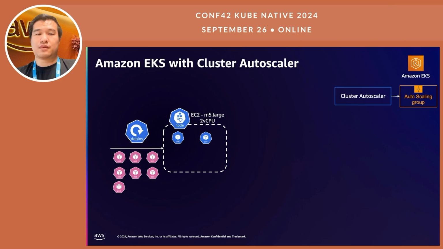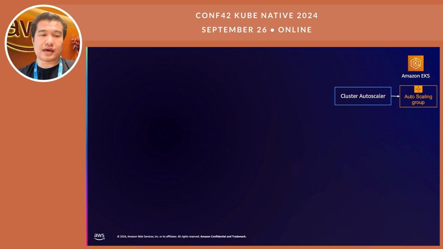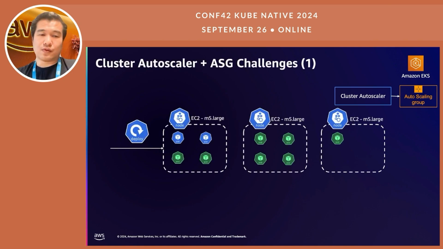Some of the pods will be scheduled on the existing node, and some of the pods will need additional capacity. So that's why we need Cluster Autoscaler, and Cluster Autoscaler works with the autoscaling group. Here we can have 2 new M5 large instances. Some of the pending pods will go to the second one, and just one more pod will go to the third instance. We can spot 2 challenges here.